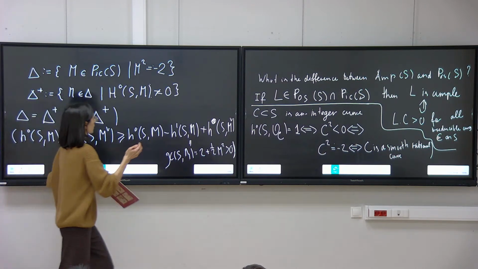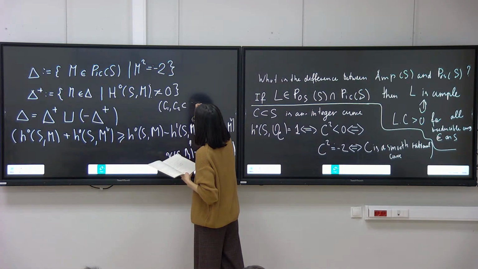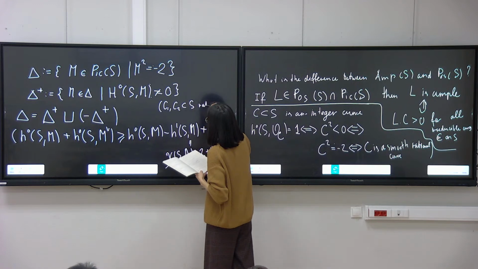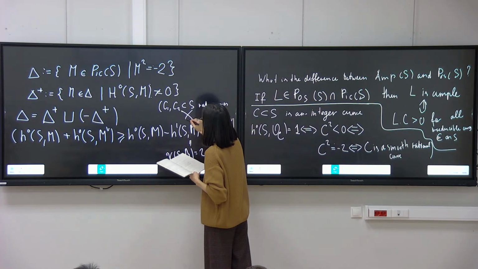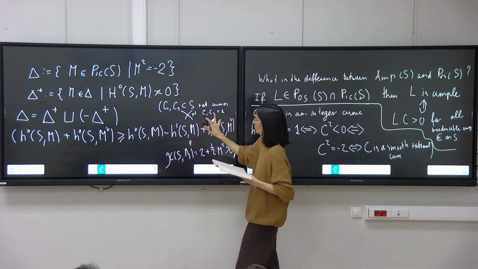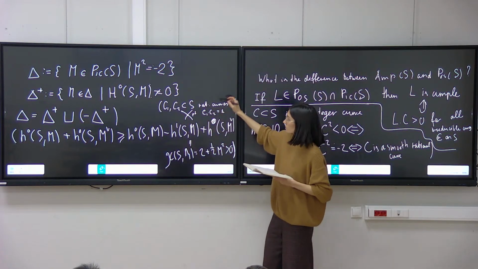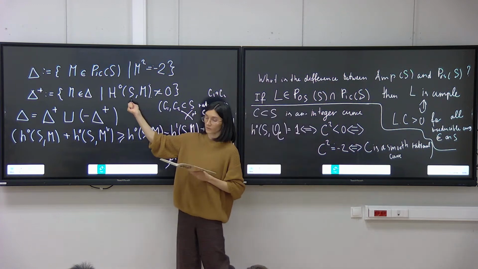For example, if we have C1 and C2 rational curves that transversally intersect in one point, so C1 times C2 is 1 on S, then the class C1 plus C2 lives here.